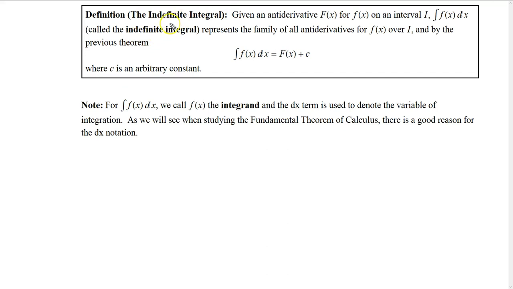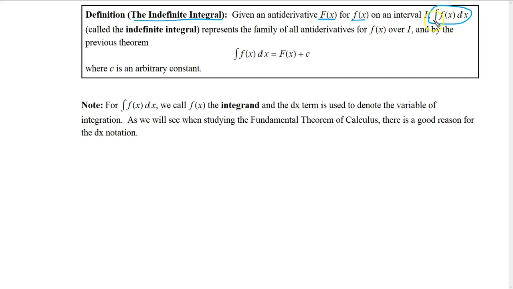Now, given that theorem, here is our definition for what we call the indefinite integral. So if we're given an antiderivative, capital F, for some function little f, on an interval I, then this notation right here looks a little funny. You may have never seen this before.